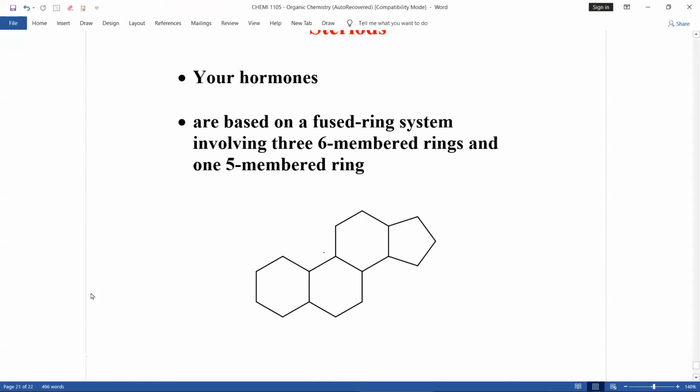This is called a fused ring system, where they're sharing carbons between two rings, A and B and C and D. And notice this is a 6, 6, 6, 5. All your hormones have that ring system. And let me show you, I'm not lying to you, which is a good thing.